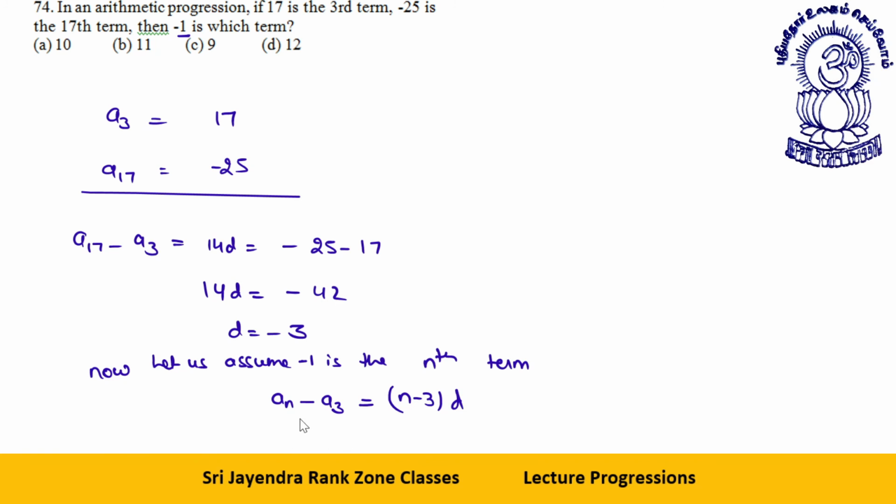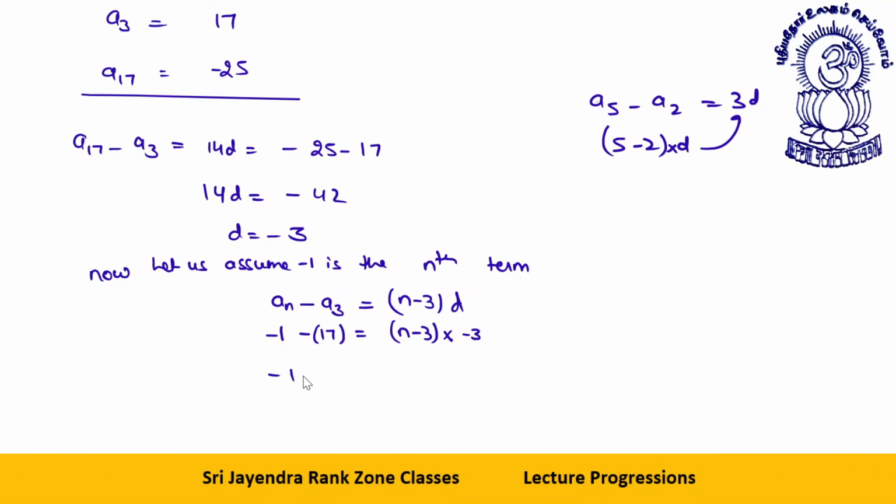Simple formula, I have told you this. If I do A5 minus A2, what is it? It is 3D, like (5 minus 2) into D. So it is (n minus 3) into D. An minus A3: An is minus 1, A3 is 17, is equal to (n minus 3) into D, and D is minus 3.